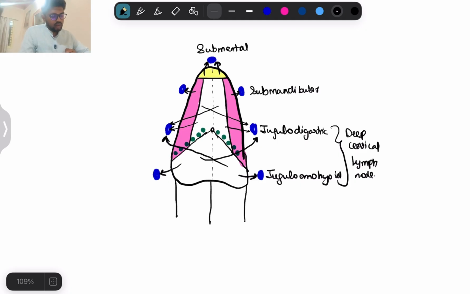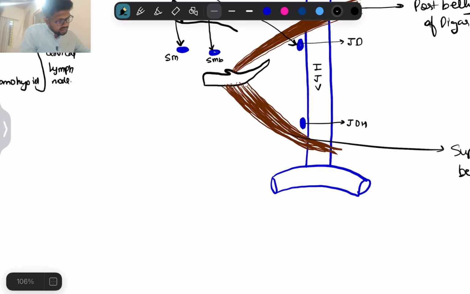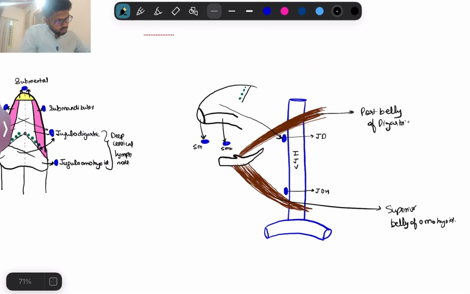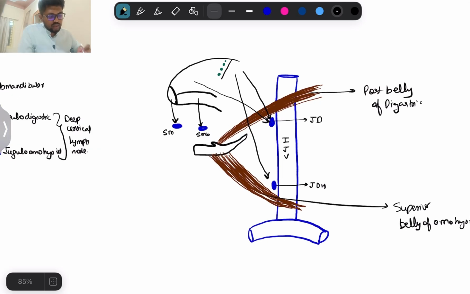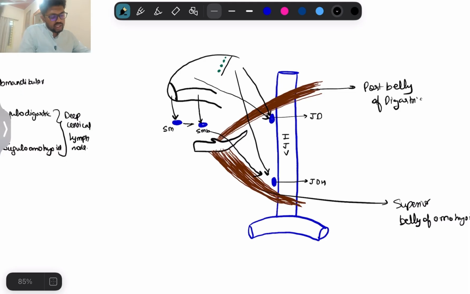In this diagram, some part of the posterior most part will drain into the jugulo-digastric group, and some will drain directly into the jugulo-omohyoid group. So we can conclude that, for example, the tip of the tongue drains to the submental, then to the submandibular, then into the jugulo-omohyoid group. Similarly, the part draining to the jugulo-digastric will ultimately drain into the jugulo-omohyoid group.